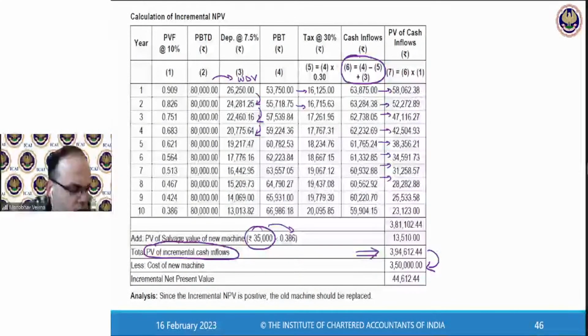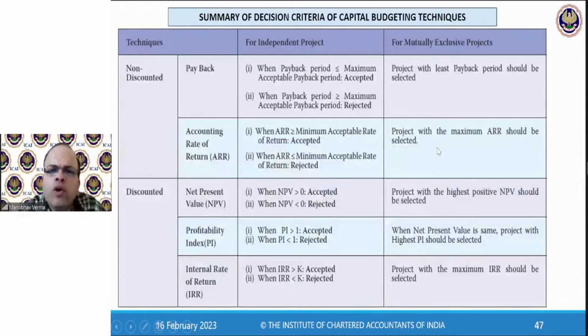Great. Okay, let's quickly recapitulate what we have done on one slide, guys. We discussed non-discounted techniques, payback and accounting rate of return. We have a decision in terms of mutually exclusive projects: least payback, and in terms of ARR, maximum ARR.